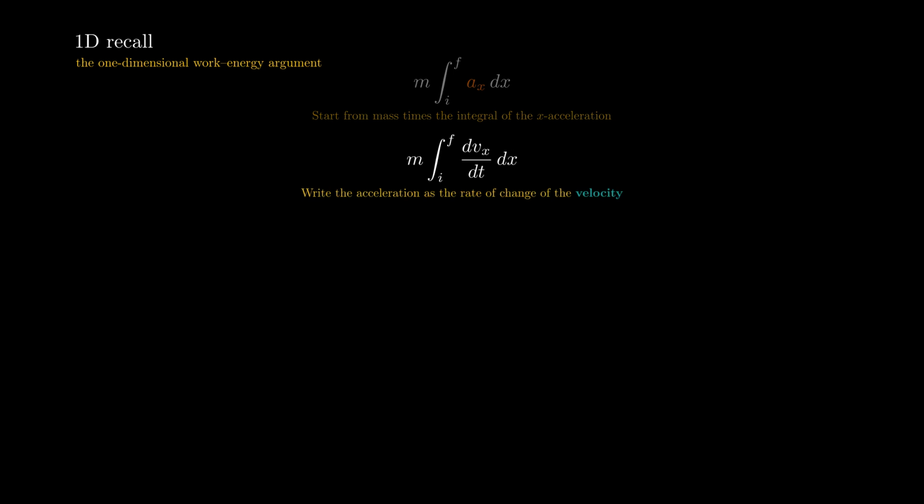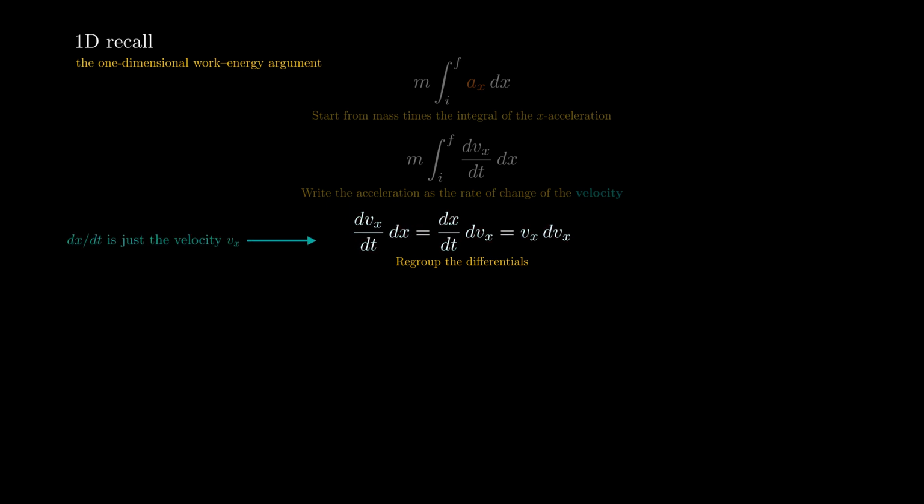Now zoom out from particular forces to the general theorem. Recall the one-dimensional argument. Start from m times the integral of a sub x with respect to x. Write the acceleration as dv sub x over dt. Then regroup the differentials. dv sub x over dt times dx is the same as dx over dt times dv sub x, and dx over dt is just v sub x.